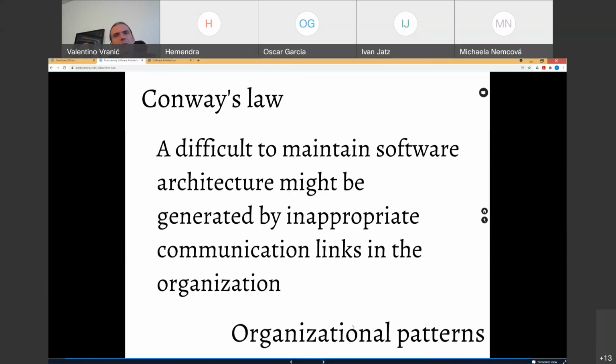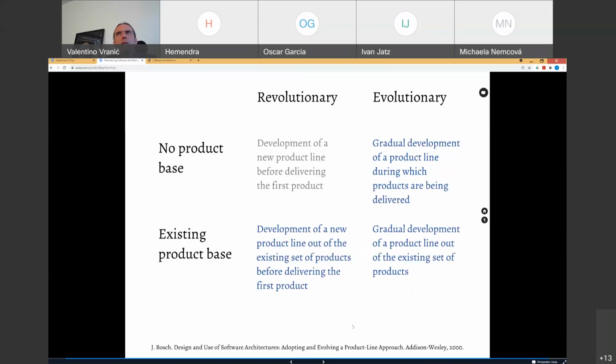So this is something also to consider when thinking of maintenance. The maintenance might happen through organizing people, and this is a reference again back to software product lines, where there are different strategies of how you establish software product lines, and it also relies on the people perspective.